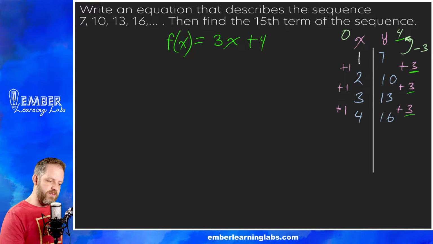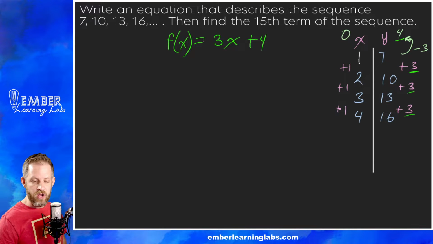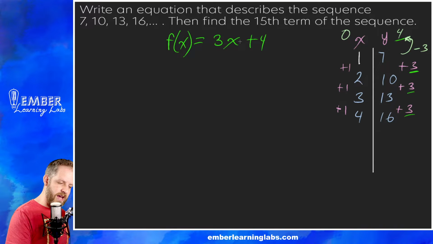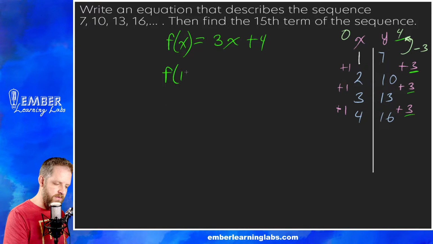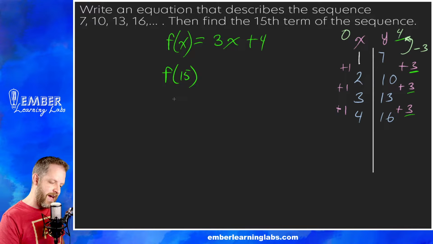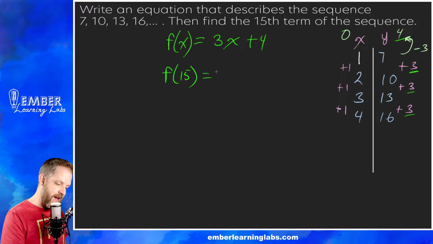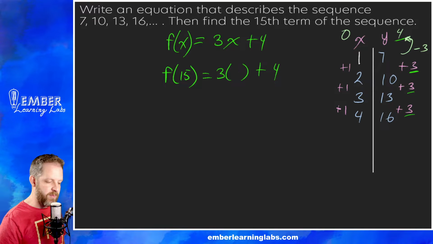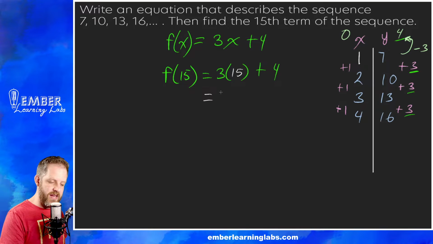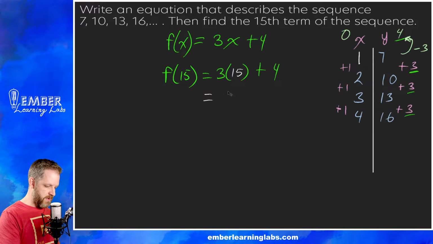Because now, to find the 15th term, we need to find f of 15. Just like we did last time, we replace that x with parentheses, plus 4. Inside the parentheses, we put 15. 3 times 15 is, I was about to say the wrong thing.